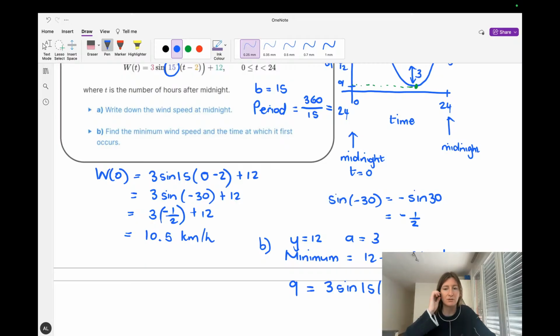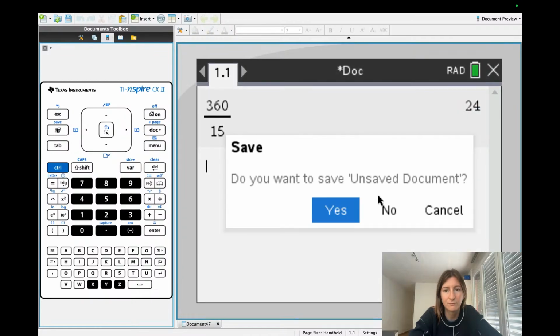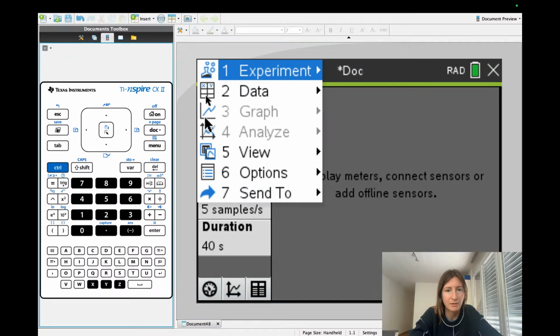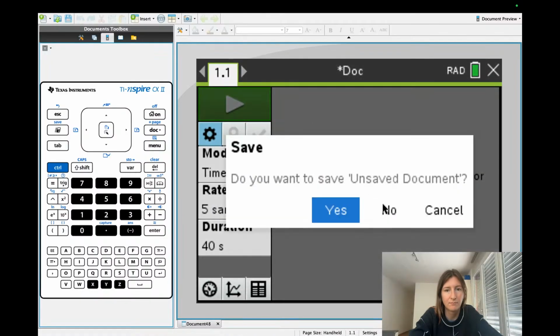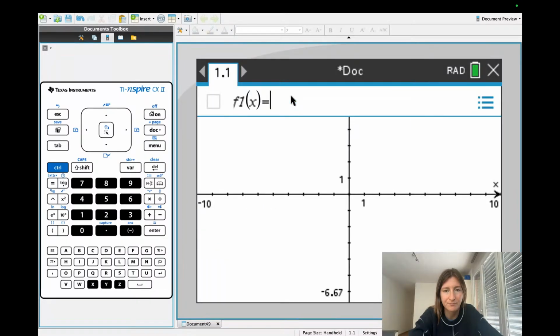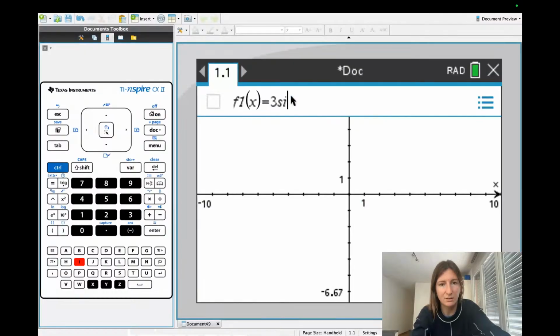Now, what you can also do, I just want to show you calculator skills. You can take this as a graph and y equals 9 as a graph and put them on. So we could take that graph, which is 3 sine 15. Remember brackets.